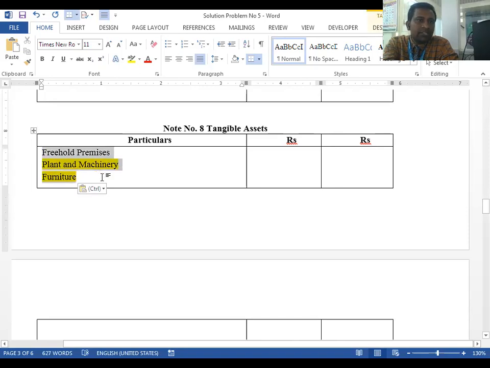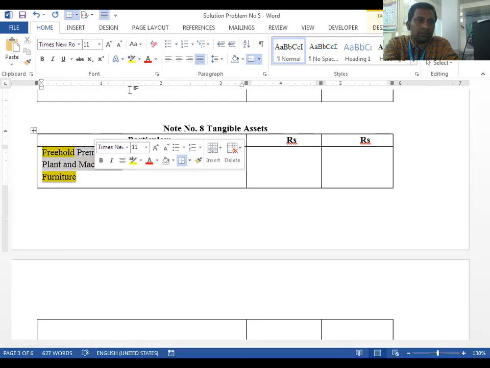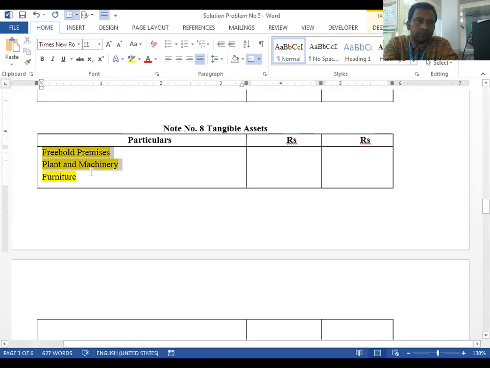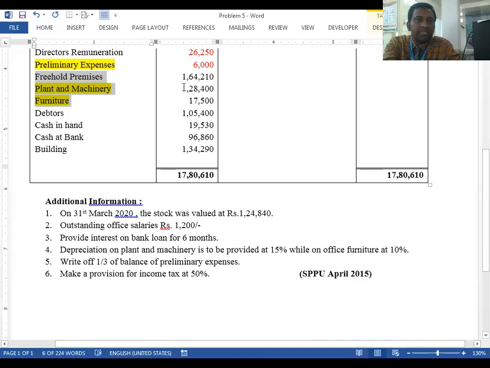Freehold premises, plant and machinery, furniture, but adjustments are also given. See, freehold premises 1,64,210, and there is no adjustment regarding the freehold premises.